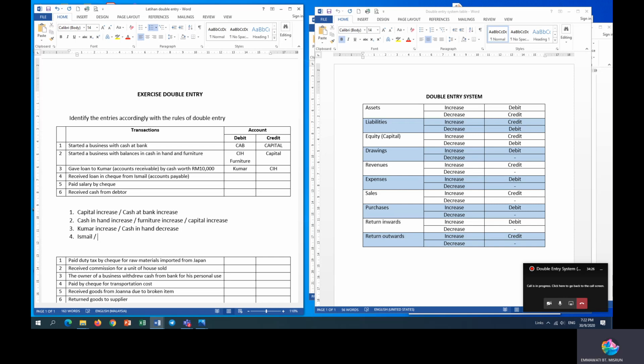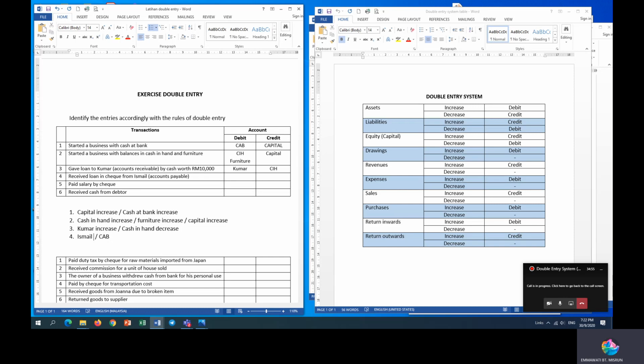Dalam bentuk cek, so duit awak dalam bank yang bertambah. Duit dalam bank bertambah sebab kita terima cek. Jadi kita akan buka akaun cash at bank. Okey, sekarang kita nak tahu kita punya movement. So what happened between us and Ismail is we have made a new loan with Ismail.